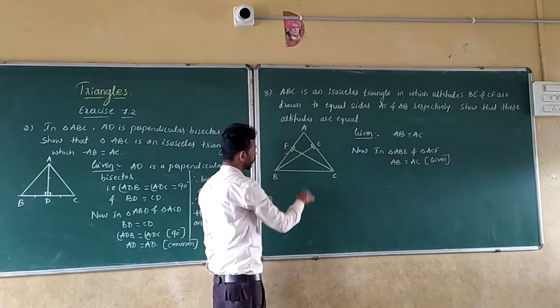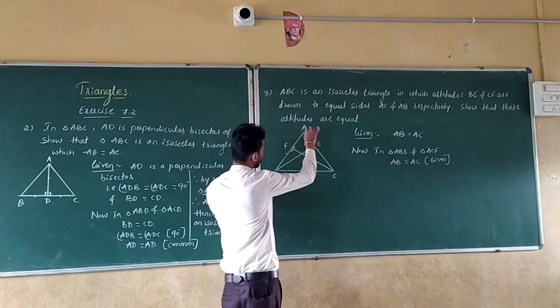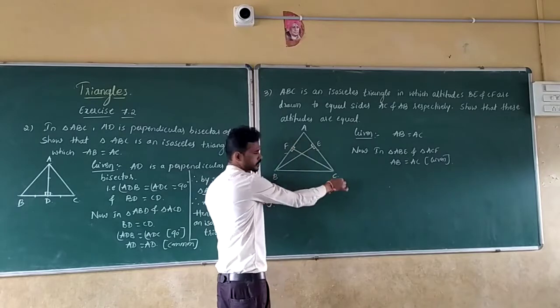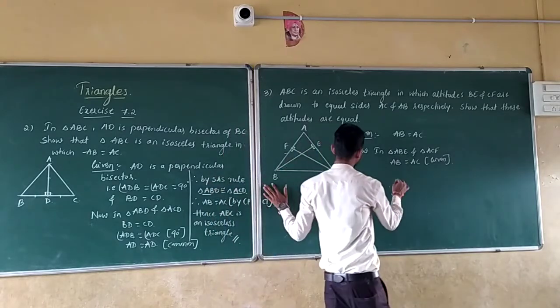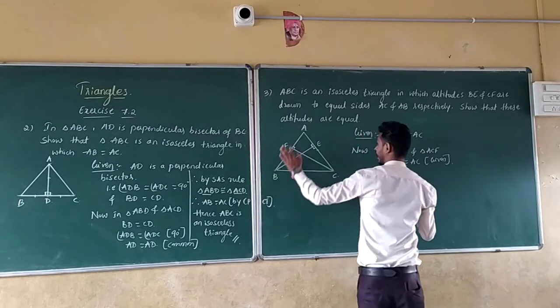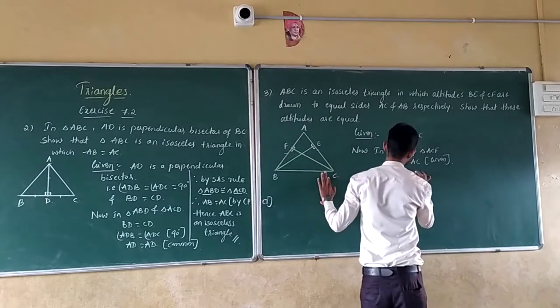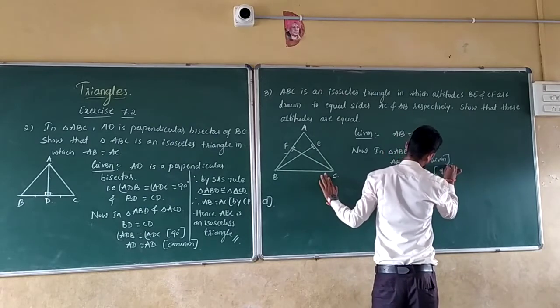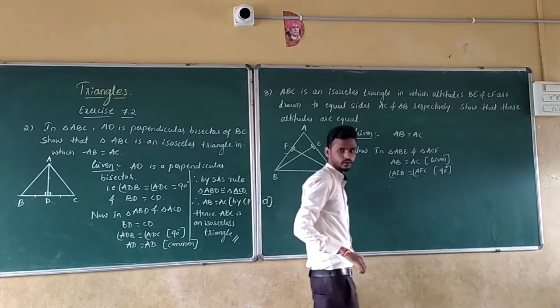That is, angle AEB is equal to angle AFC, both 90 degrees, because they are altitudes.